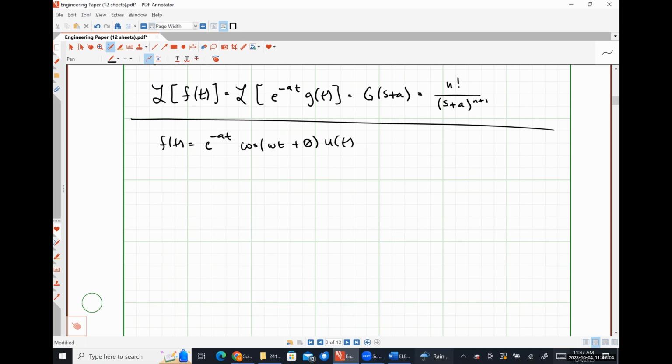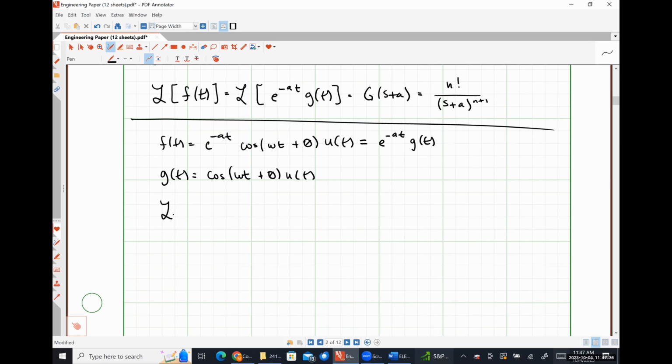And we're going to do the exact same thing for this one as we just did for the previous example, right? So the function that I know the Laplace transform of is cosine omega t plus some phase angle u of t. And that allows me to express my original function as e to the negative at times g of t.